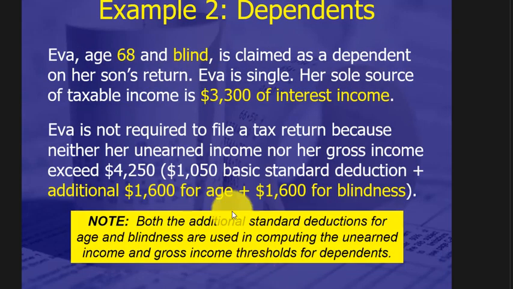An example: he does not have to file. Eva does not have to file because her gross income did not exceed 4,250, which is 1,050 plus the 1,600 for age and the 1,600 for blindness.